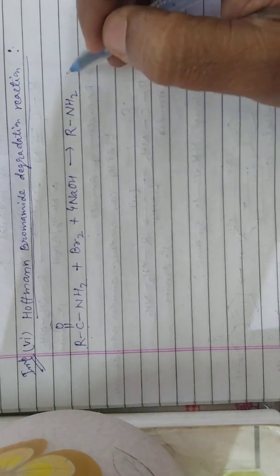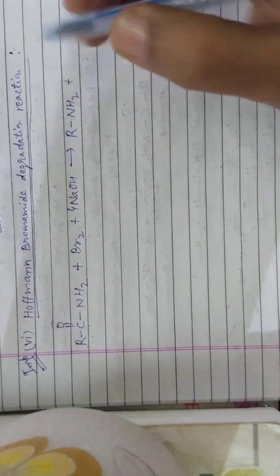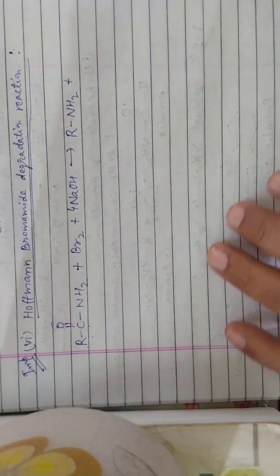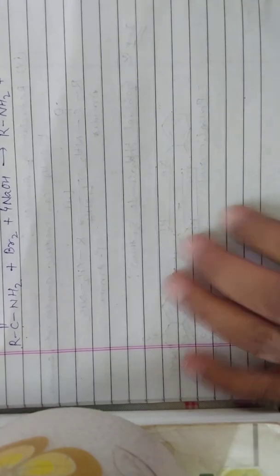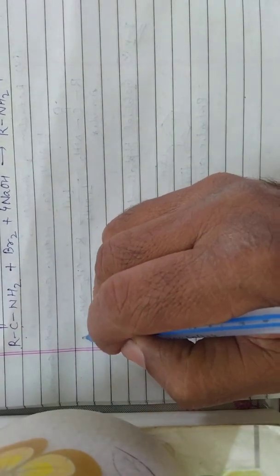So RNH2 plus, how we can see the formation of products, you can understand this in this way.